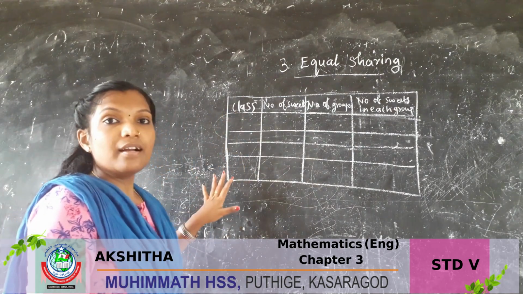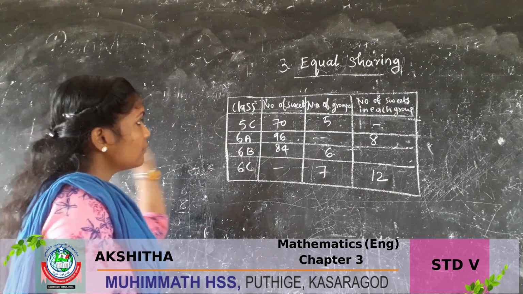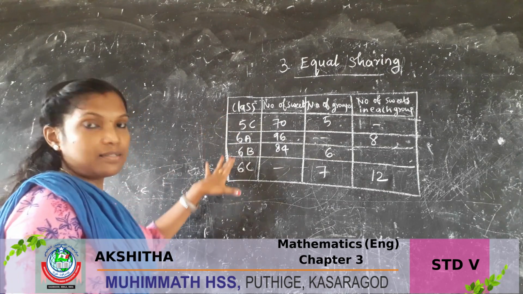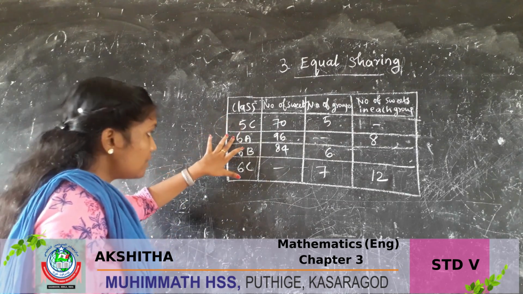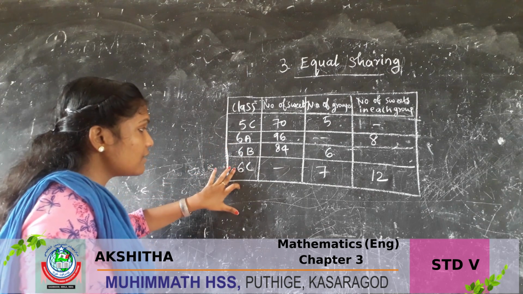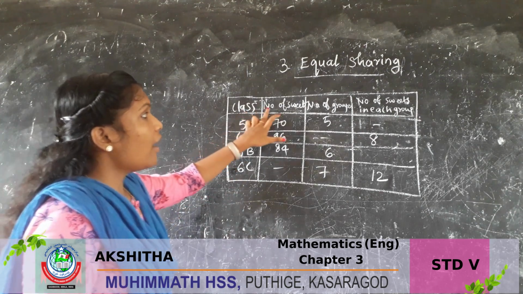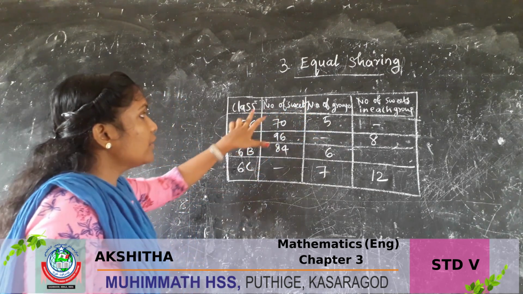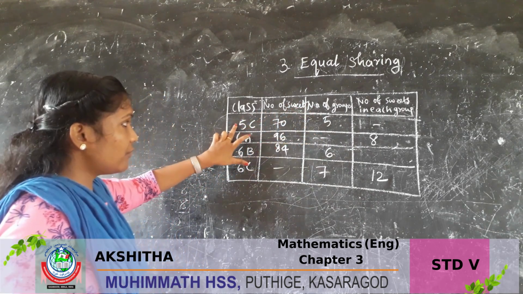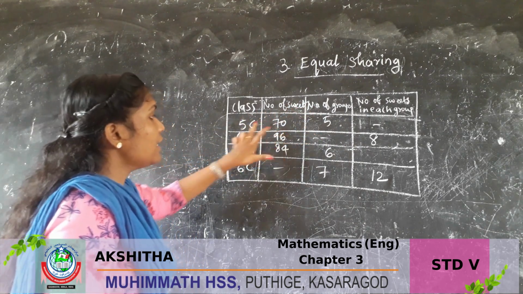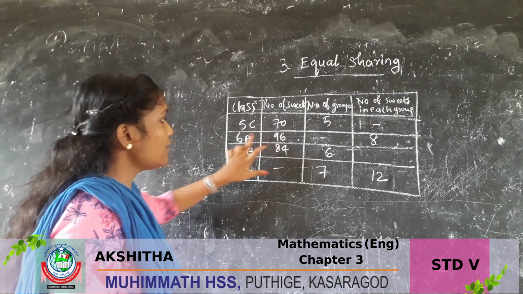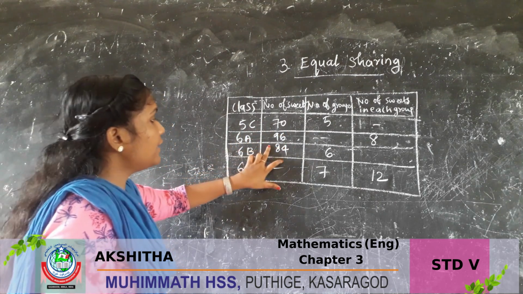See this table. You can see 4 classes: 5th C, 6th A, 6th B, 6th C. And the number of sweets: for 5th C, 70, 6th A, 96, 6th B, 84.